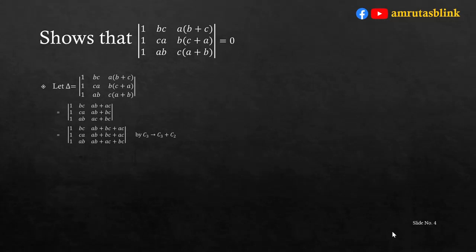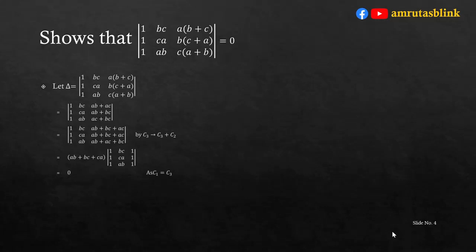Now we perform the operation C3 becomes C3 plus C2. Then the revised determinant has third column ab+bc+ac in every row. From column 3 we can take ab+bc+ca common, so delta is equal to ab+bc+ca into the determinant with rows 1, bc, 1; 1, ca, 1; and 1, ab, 1.